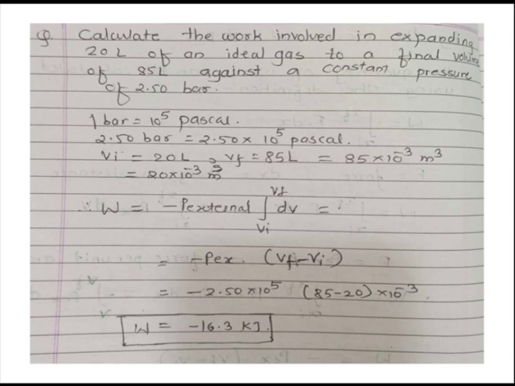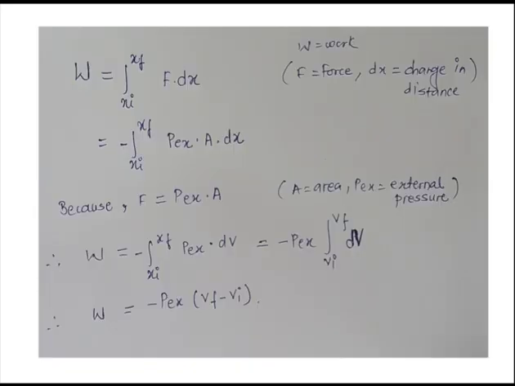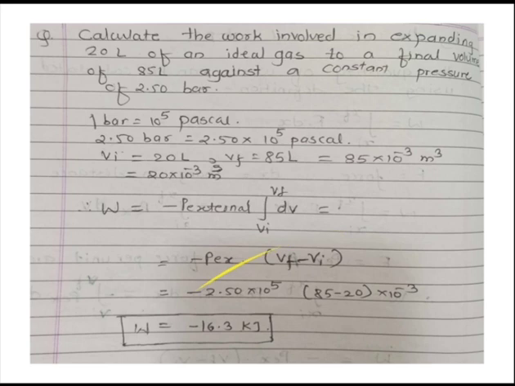Put values here: minus 2.50 into 10 raised to plus 5 Pascal, bar converted into Pascal, in a bracket 85 minus 20 into 10 raised to minus 3 meter cube. So the work is calculated as minus 16.3 kilojoules. This is our problem based on this equation.